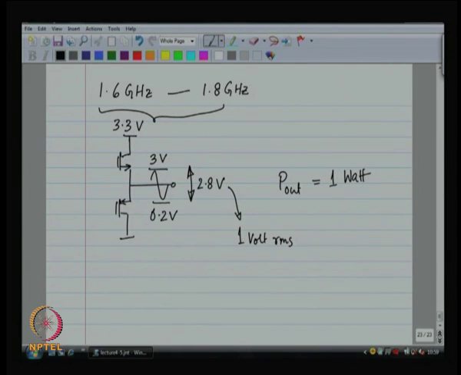All right. So, I have got a 1 volt RMS signal. I need to pump out 1 watt of power. What needs to be my source resistance? What needs to be my load resistance?